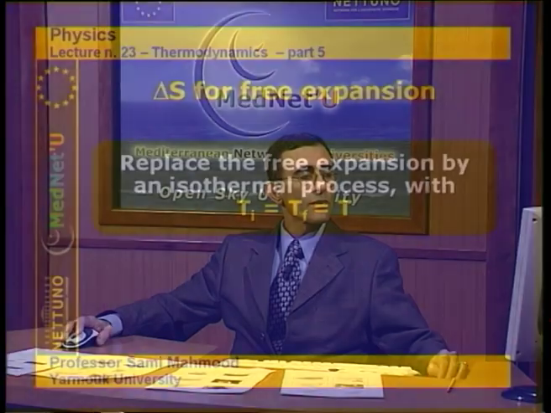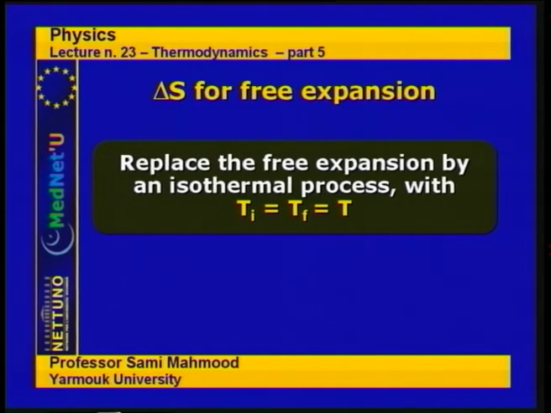In that sense, T will be moved outside the integral, and it is easy to evaluate the integral of the rest, which is Q. Simply, the integral of dq is Q, the heat absorbed by the system during the process, regardless of whether it is positive absorption or negative release of heat. So this way, we replace our free expansion by a convenient process, and we are able to evaluate the change in entropy for the reversible process.